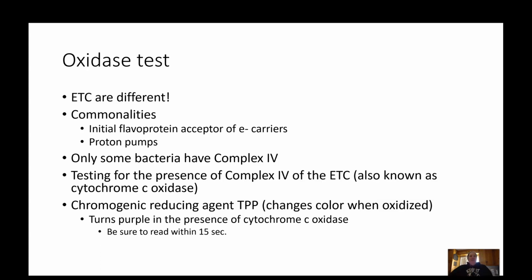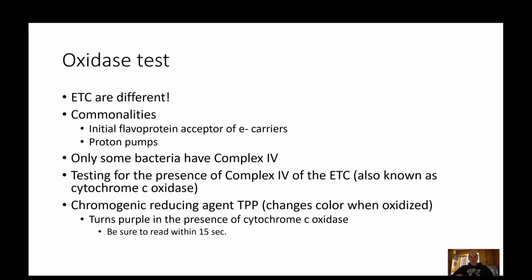Okay, so the biggest kind of misconception that students have is that all the electron transport chains are the same, and that's not true at all. There's actually a huge variety of electron transport chains that bacteria can utilize to undergo oxidative phosphorylation of those electron carriers. So there are some commonalities.